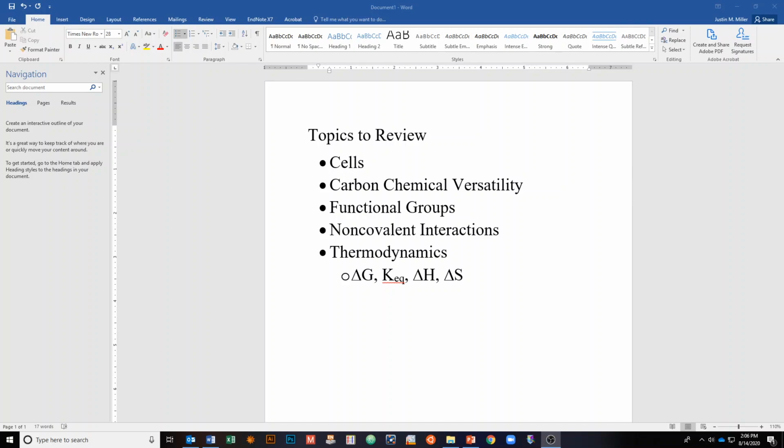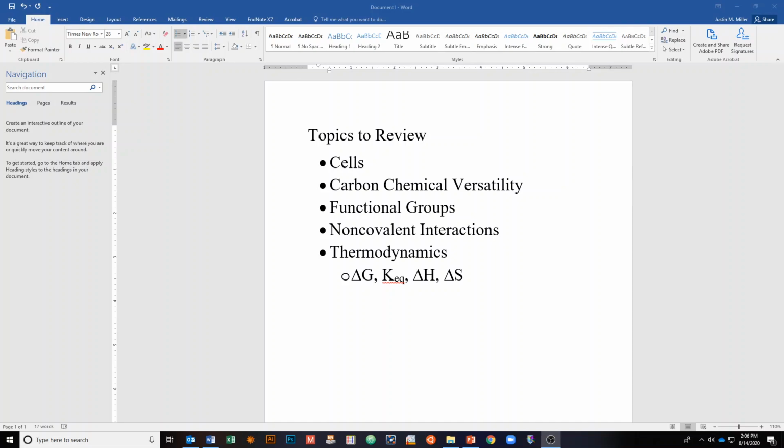Having some familiarity with non-covalent interactions like hydrogen bonding, van der Waals interactions, the hydrophobic effect, electrostatics, dipole-dipole interactions. These are going to be important because they are going to form the basis for biomolecular 3-dimensional structure. So non-covalent interactions are really going to be at the core of a lot of what we talk about here.